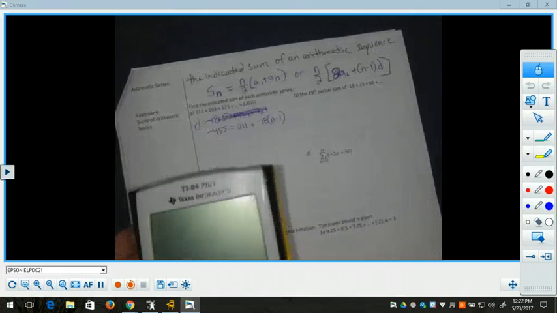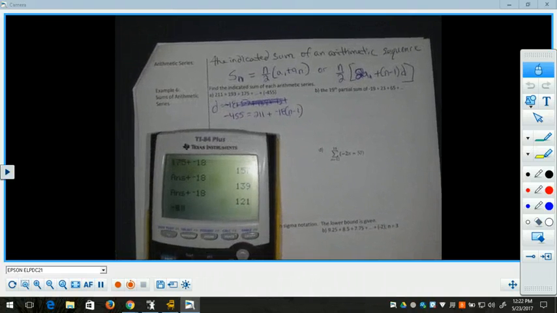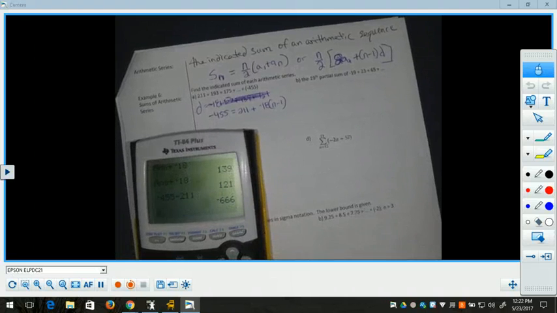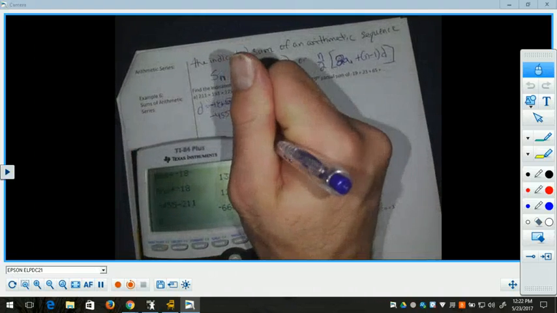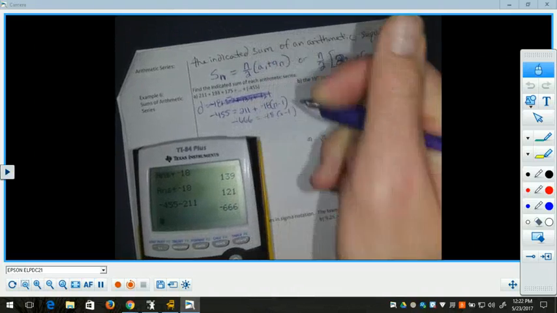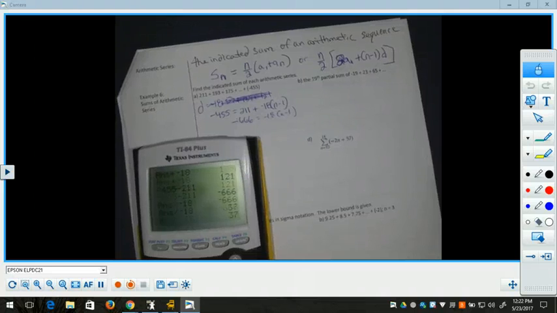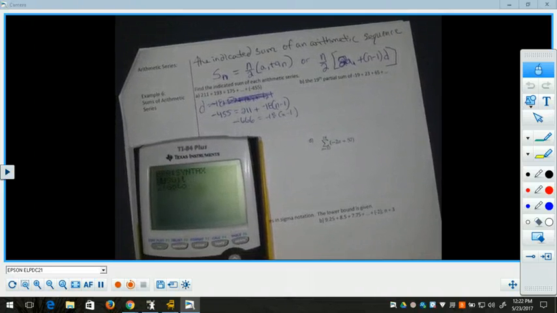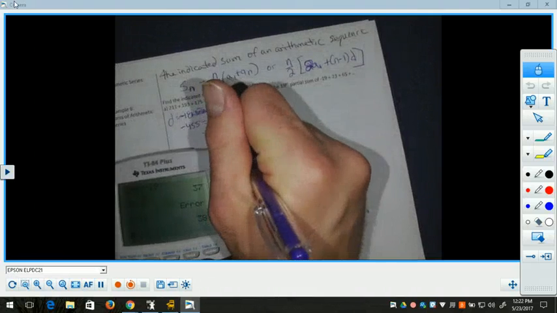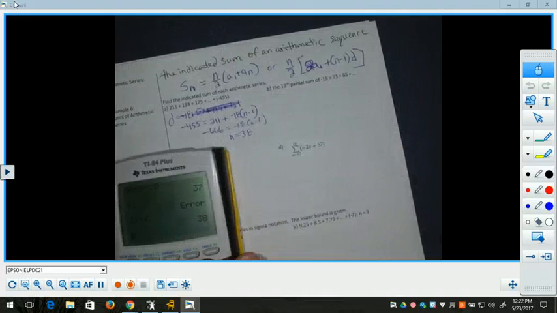So we can solve this by doing negative 455 minus 211, which is negative 666, equals negative 18 times n minus 1. I'm now going to divide by negative 18 and add 1. 37 plus 1 is 38. So the value of n is 38.